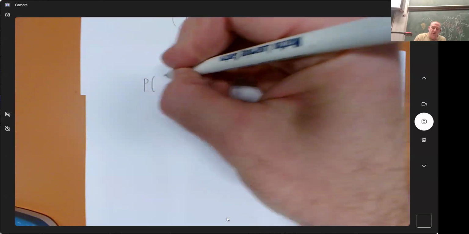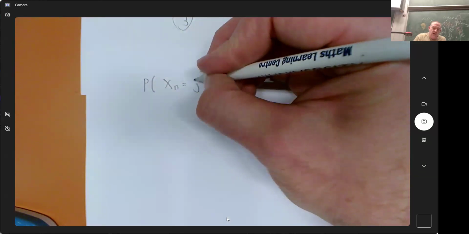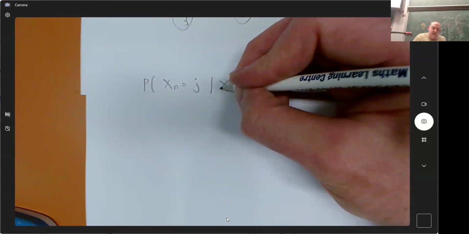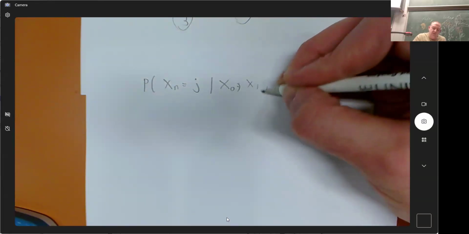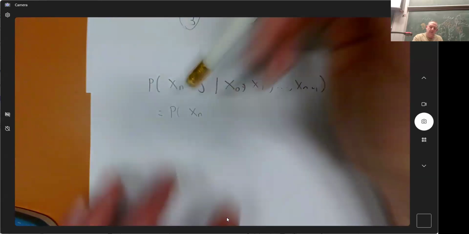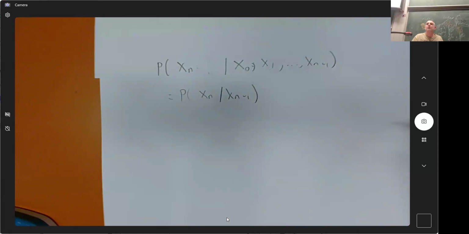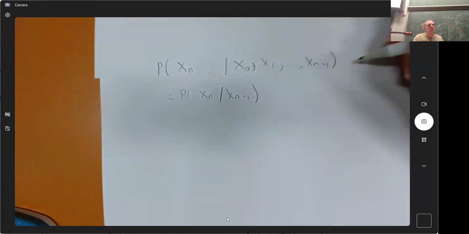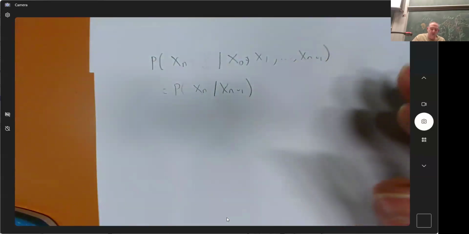So the probability of being in state j, given all of the previous states, is the same as the probability given just the previous state. Is that how they write it? Maybe with equals as in all of them? Okay. That's the main law of Markov chains, right?